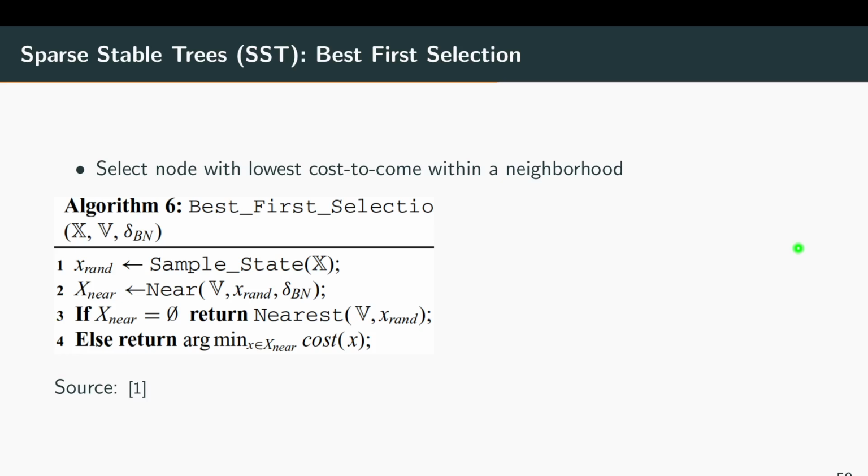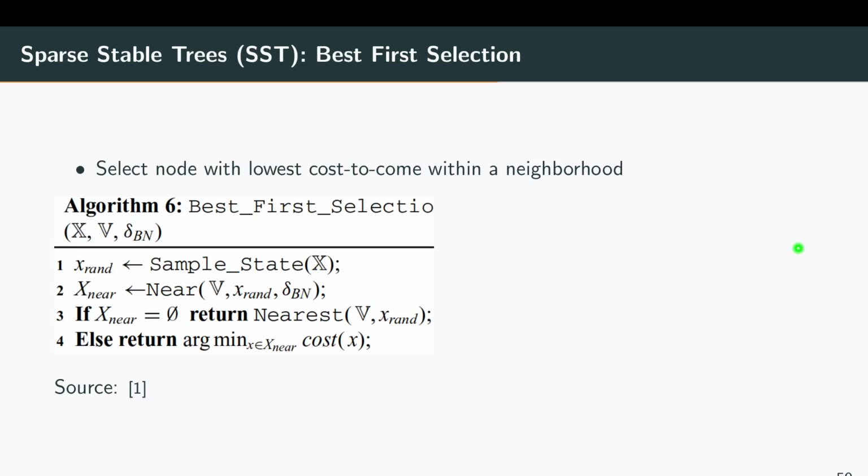Okay, and then the second case we have is if that radius is too small, so let's say somehow our radius is like that, then we end up in this condition in line 3, and then we just fall back to a regular nearest. So we basically just do whatever RRT does, which in this case would be that node here.